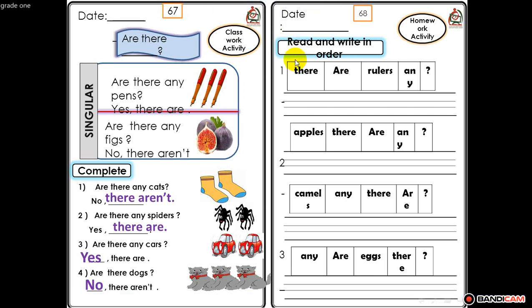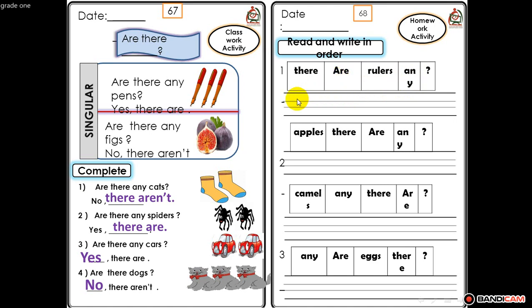Our homework for today is on page 68. Read and write in order. I have to read. نقوم بقراءة الجملة ثم نبدأ بالكلمة التي تحتوي على حرف كابيتال. أين الكلمة التي تحتوي على حرف كابيتال؟ Are.